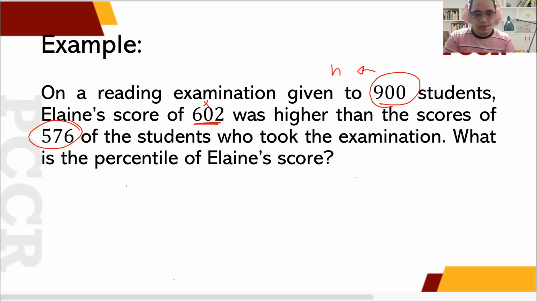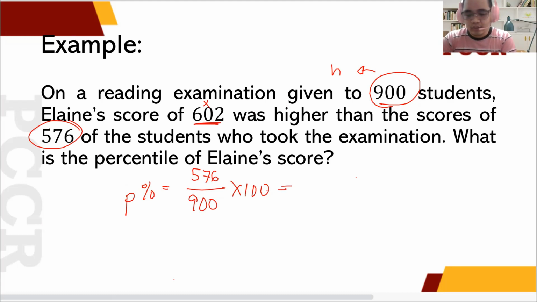Okay, so basically, to get the percentile rank, how many are lower than the score of 602? The number of respondents is 576 daw. Then we divide it by the total, which is 900, times 100. Okay, to get the percentage. So therefore, we will have 64%.